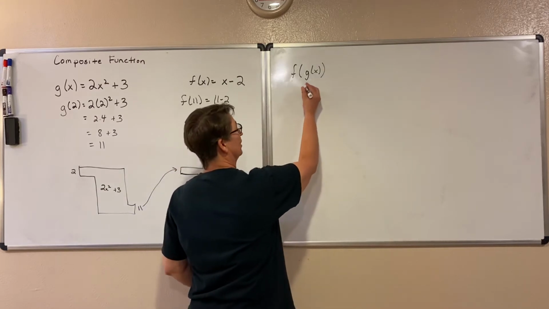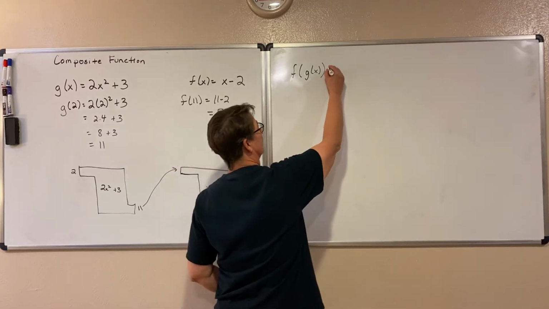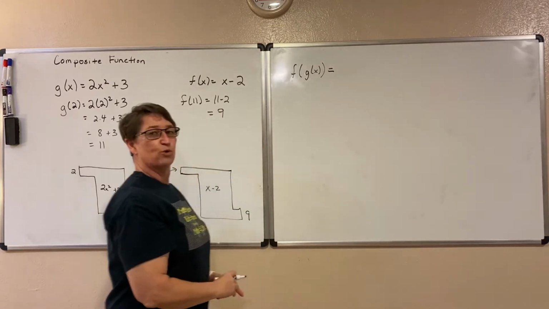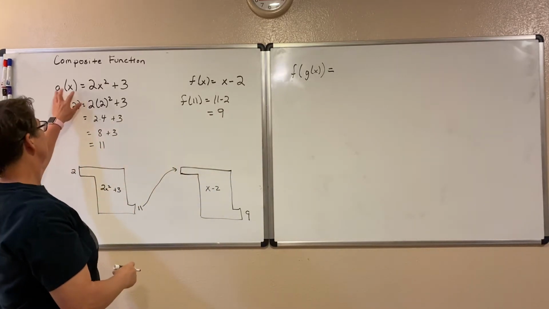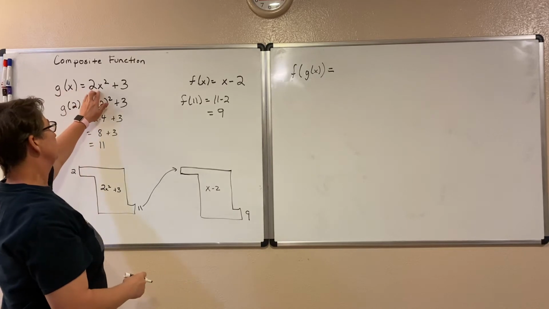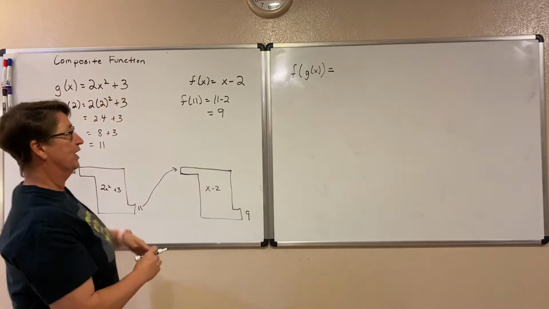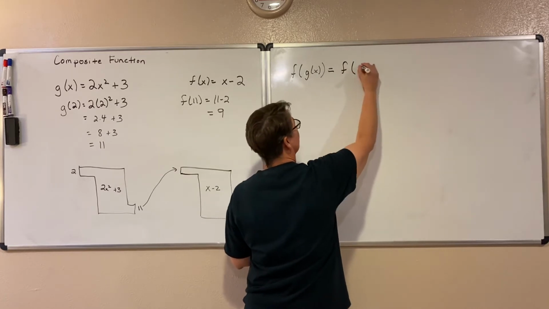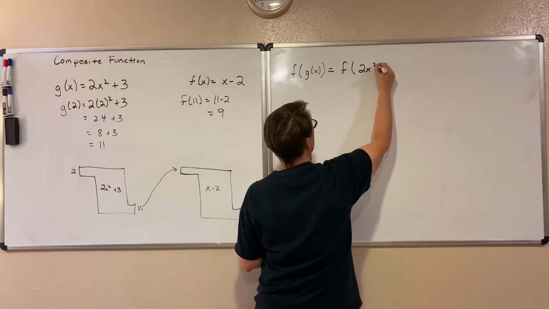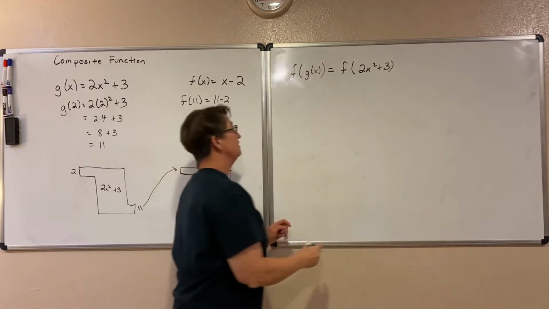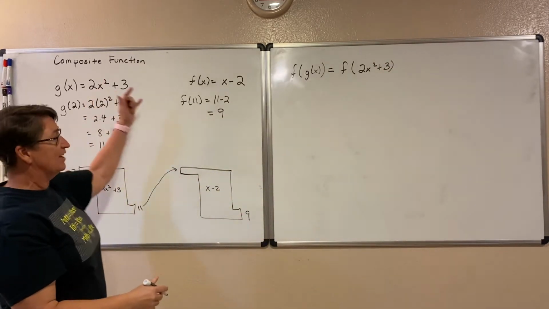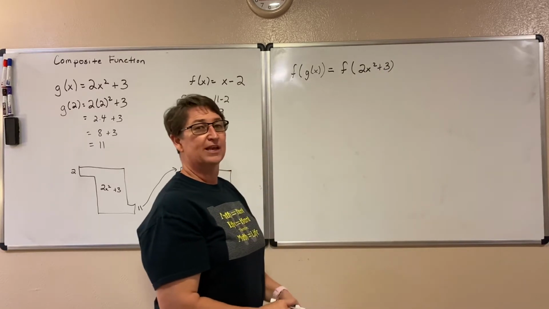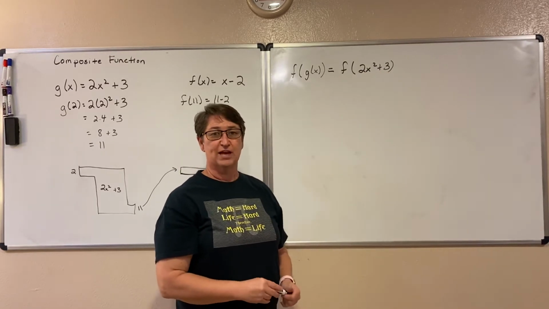Whenever I'm working a composite function, I like to just replace that g of x with the function itself. So in this case, my g of x is equal to 2x squared plus 3. So I'm just going to rewrite this as f of 2x squared plus 3, because g of x is equal to 2x squared plus 3. Now, this is just like my function notation.